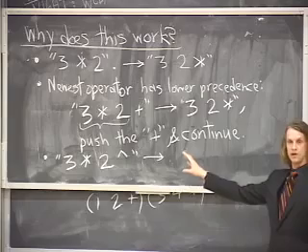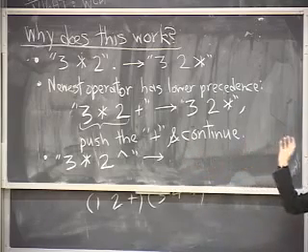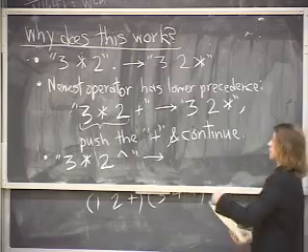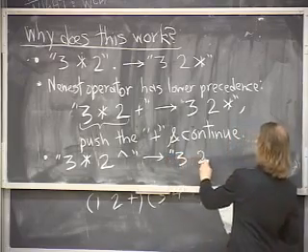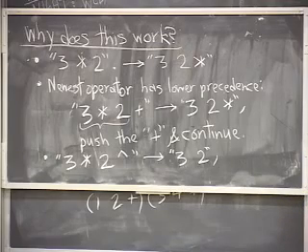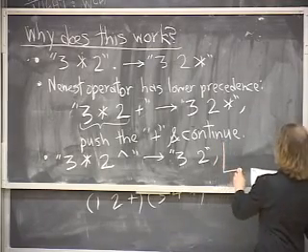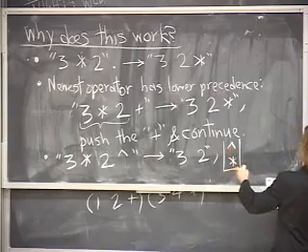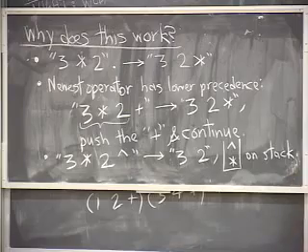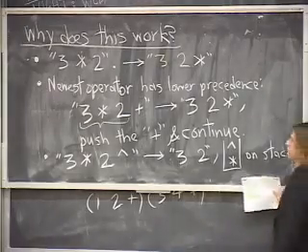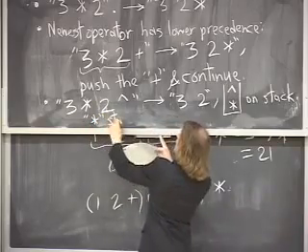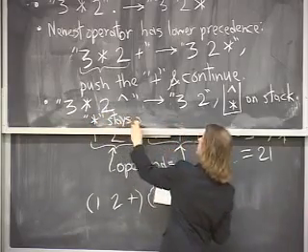And so the multiplication has to stay on the stack until I find out what the second operand of the multiplier is. So we're going to write out the 3 and the 2, but the other 2 operations have to stay on the stack. And so the idea again is that the multiplication stays on the stack until its second operand is complete.